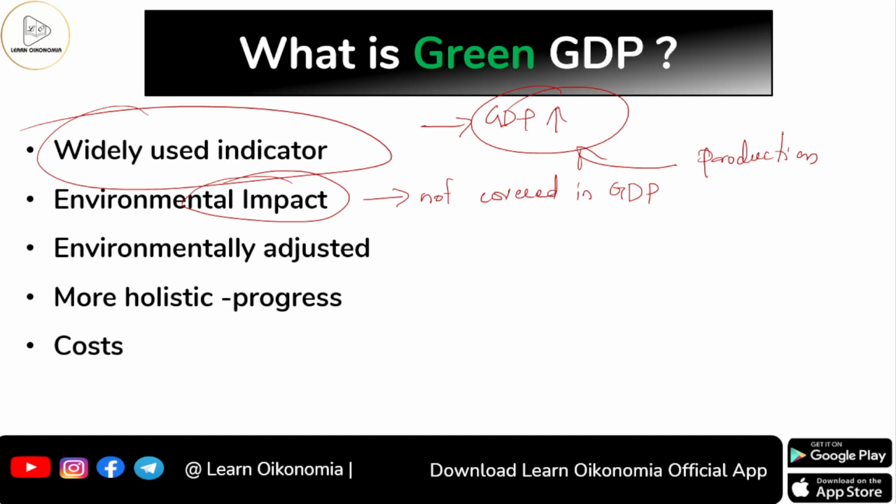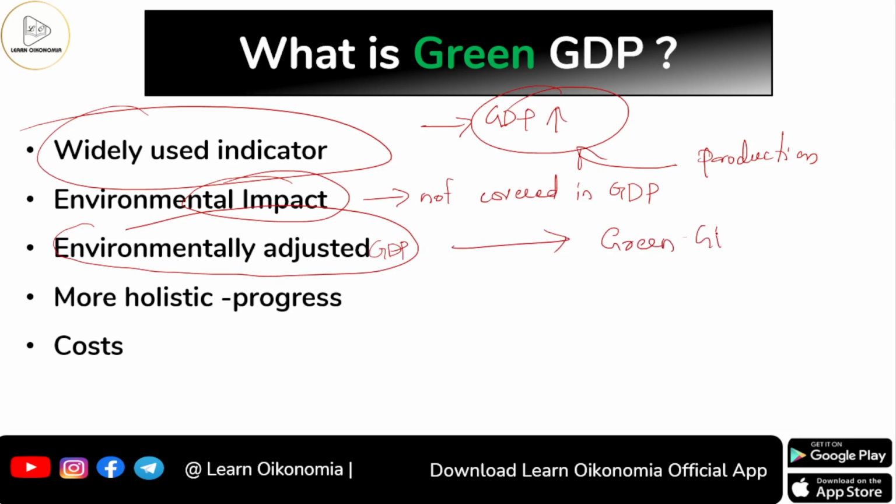We are trying to capture this environmental impact, mostly in terms of the negative aspects that we are having in our environment. We are trying to capture this and adjust our actual, traditional GDP by considering this environmental impact. So this is called environmentally adjusted GDP, or the green GDP.